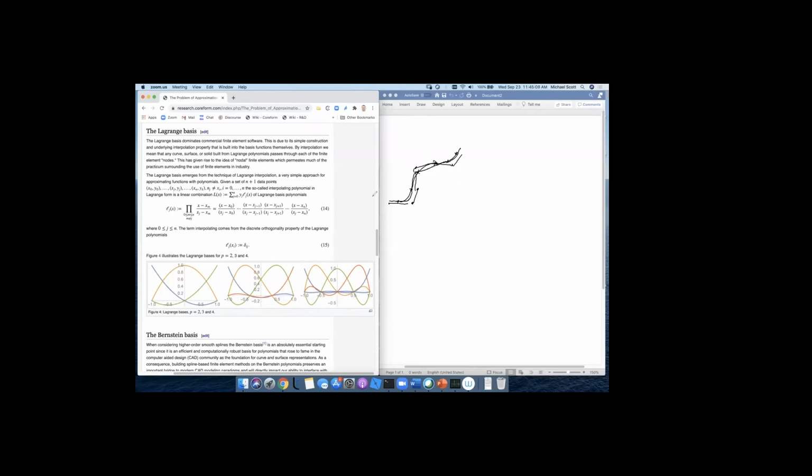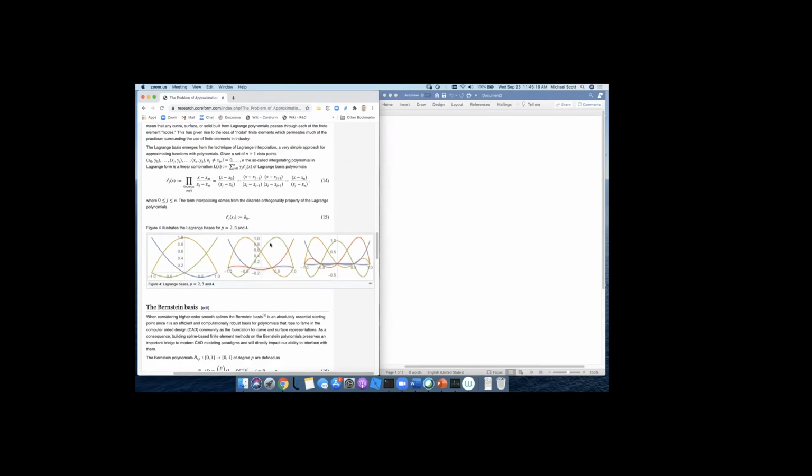Okay. But to get a convex hull, you need one other property here. So let's go down now to the basis we're going to use most, which is the Bernstein basis. And the Bernstein basis really underlies modern CAD. You've probably heard of Bezier curves.